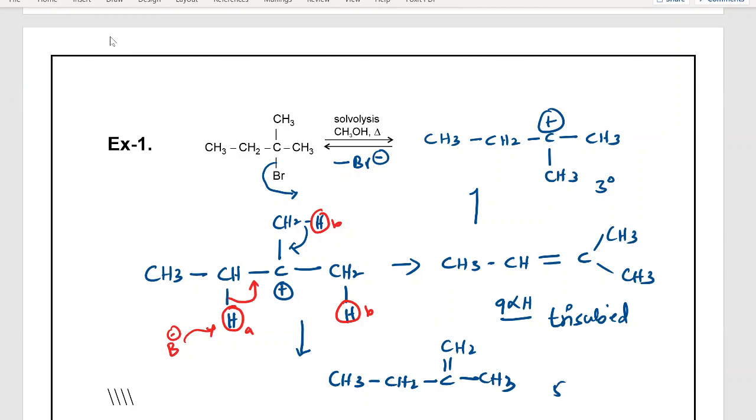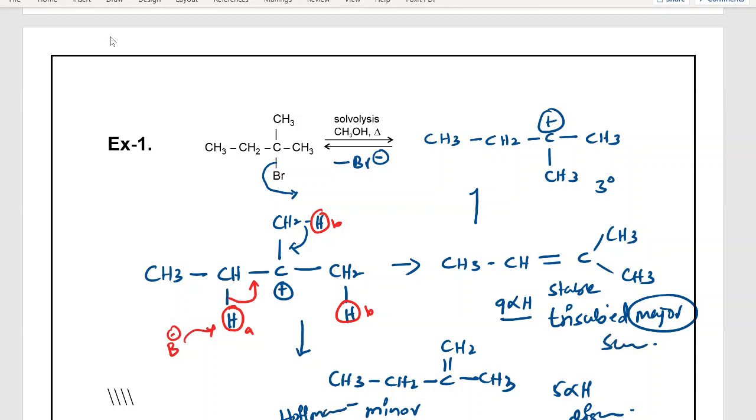Here we have 5 alpha hydrogens and it is a di-substituted alkene. Now tell me, according to hyperconjugation, this is the more stable alkene, and the more stable will be the major product. This product is also called the Saytzeff product, and the minor product is also called the Hofmann product.